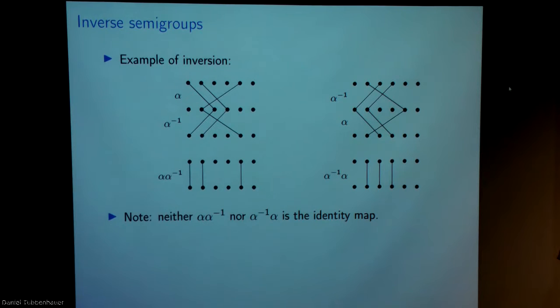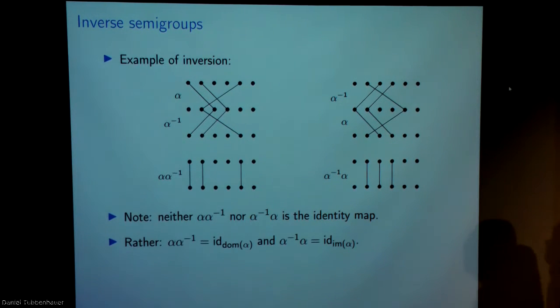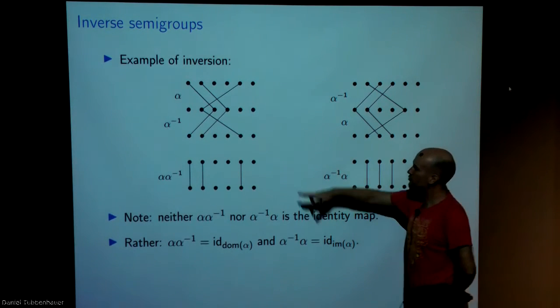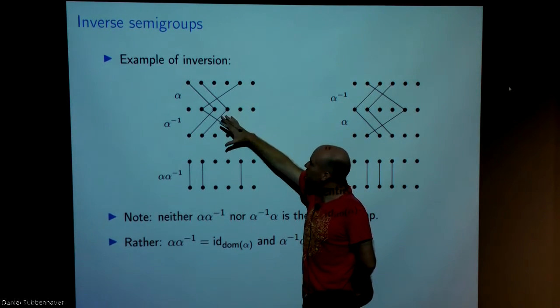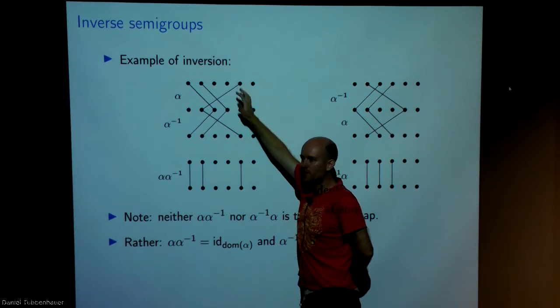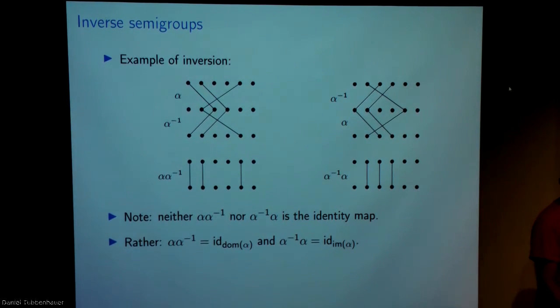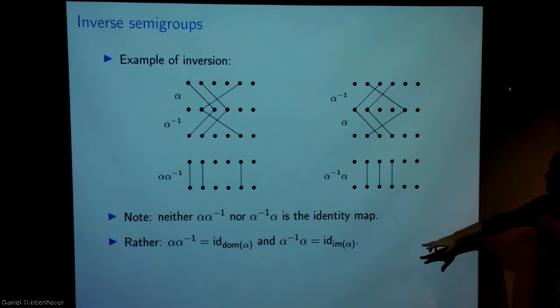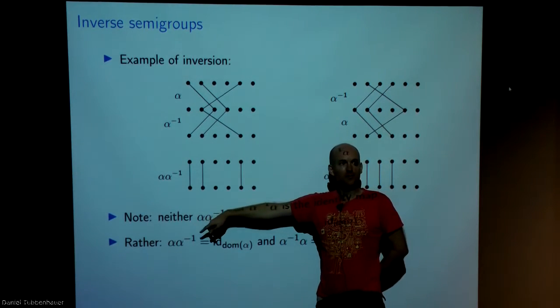So they're not equal, and they're not the identity map, but they are identity maps on subsets. You can see why this will always be the case. Alpha alpha inverse is just the identity map on the domain of alpha, and the other one will be the identity on the image. In this case, they're idempotents. Right? So in fact, alpha alpha inverse will always be an idempotent.